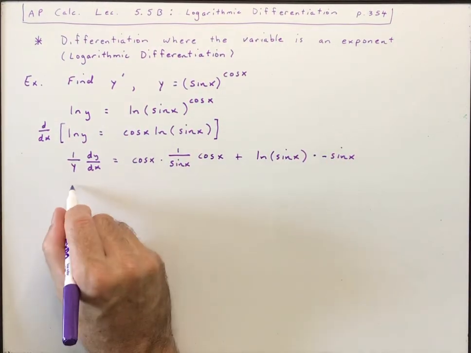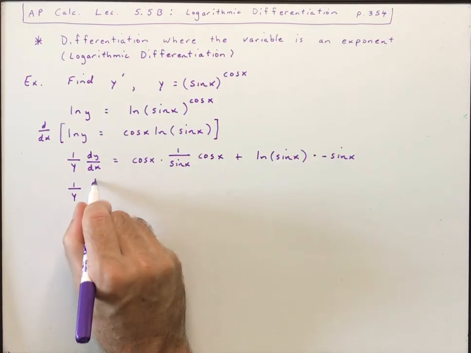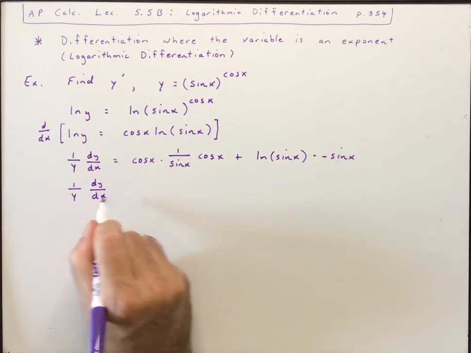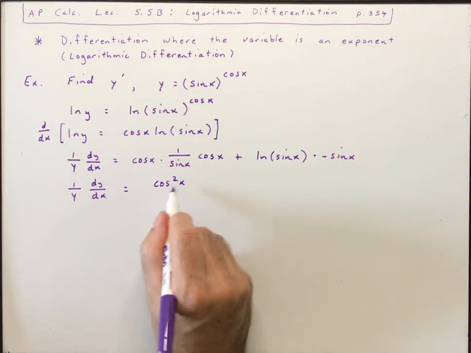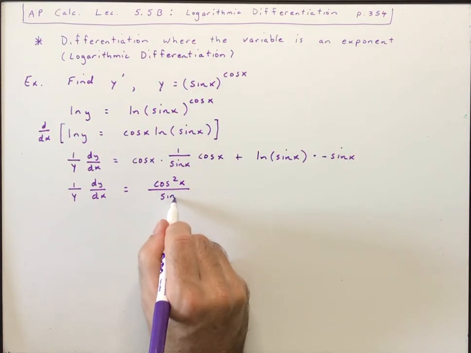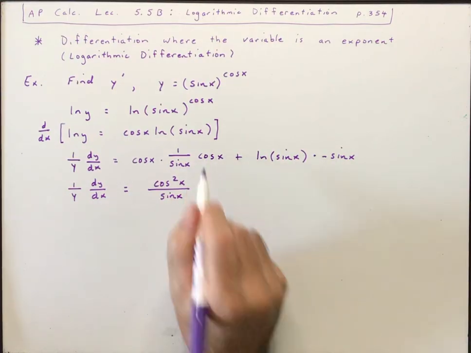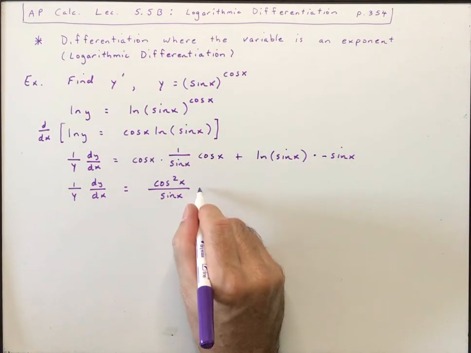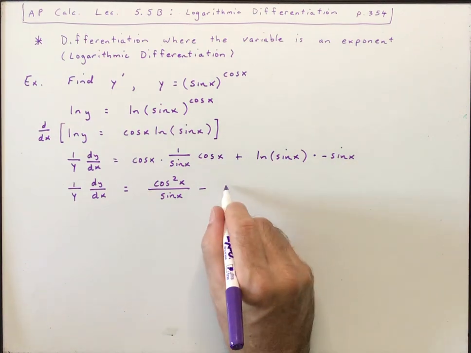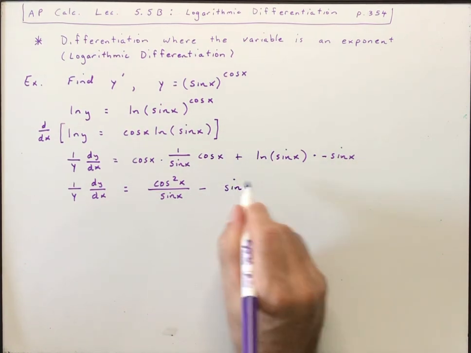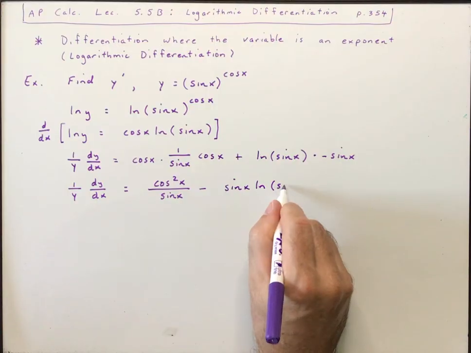So let's clean this up a little bit. We have 1 over y dy dx is equal to, we would have cosine squared x over sine x, right? Cosine times cosine, cosine squared. And then we've got a negative there, so minus, and let's pull this sine x out front, minus sine x natural log of sine x.